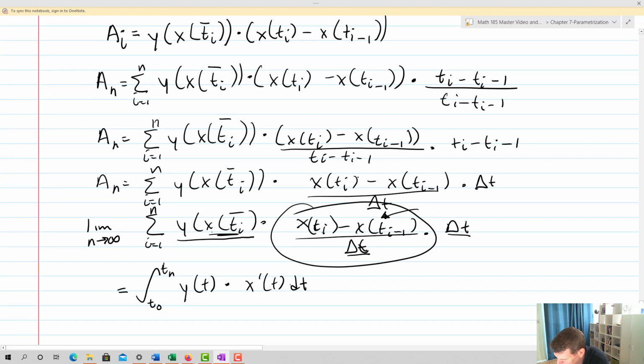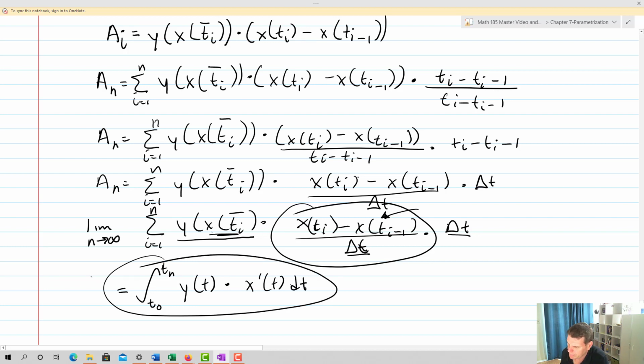And that is how we find the area under a curve for a parametric equation: the integral from t1 to t2, the endpoints of our interval, of y of t times x prime of t dt.